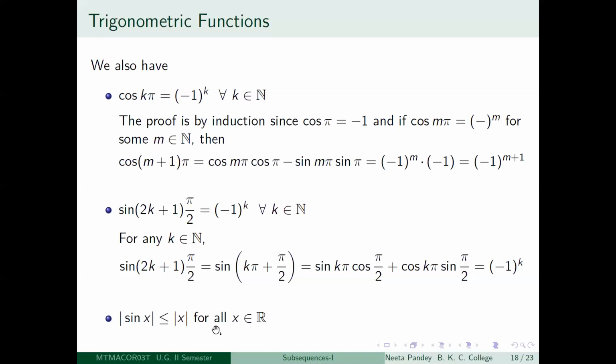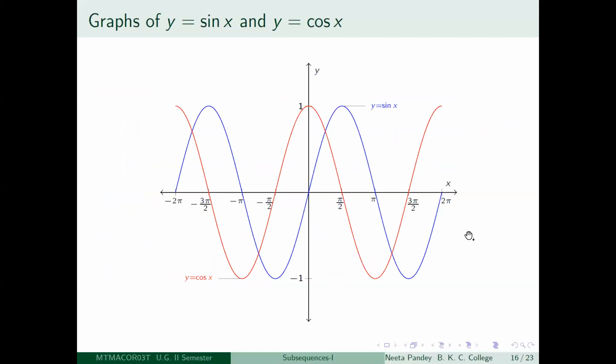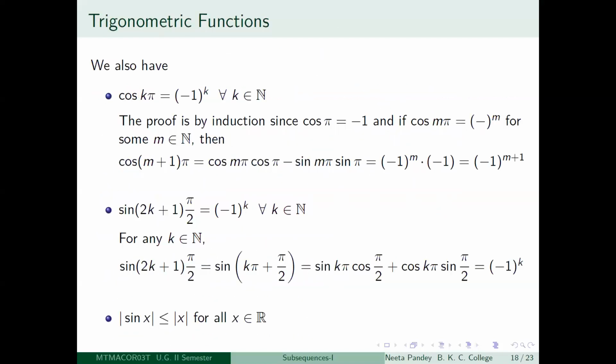And this final one is actually a theorem which says that mod sine x is less than or equal to mod x for all x in R. So remember your categorization. Here you had some such thing, right? So sine x by x. So using this and some other properties, we can prove this theorem. But unfortunately, I'm going to need some basic results.